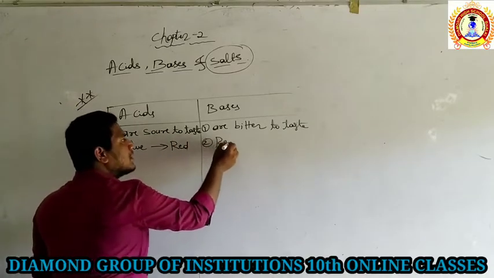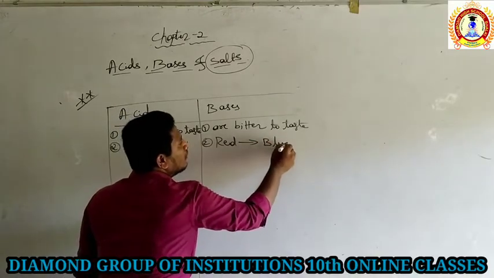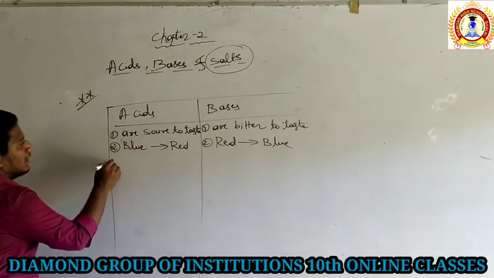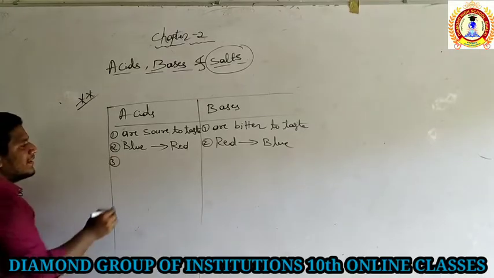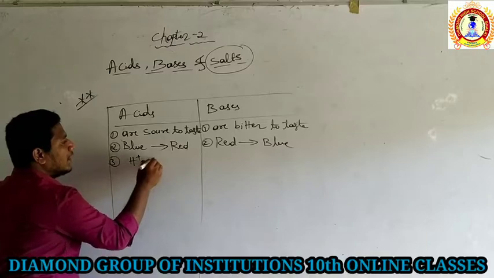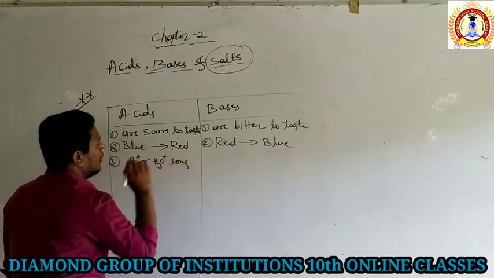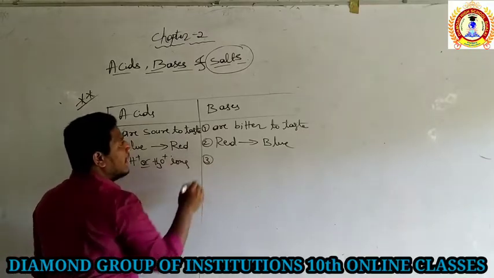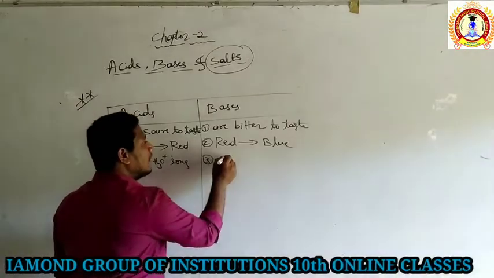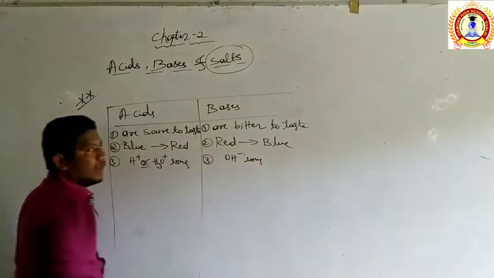The red litmus in base will turn to blue. Third property, acids in aqueous solutions give H plus or H3O plus ions, whereas bases in aqueous solutions will give OH minus ions, hydroxyl ions.